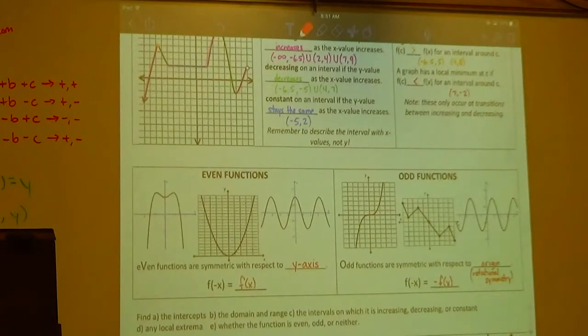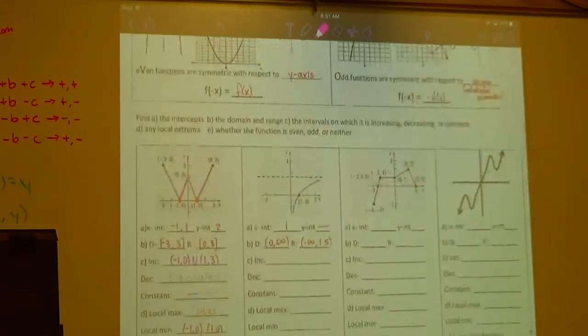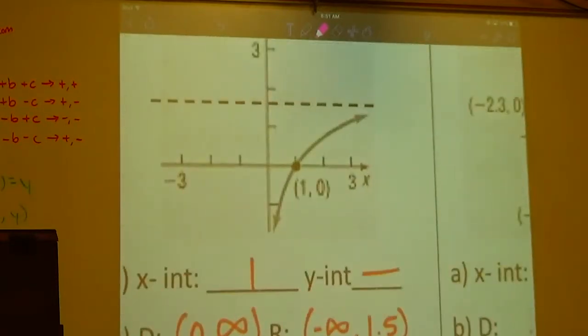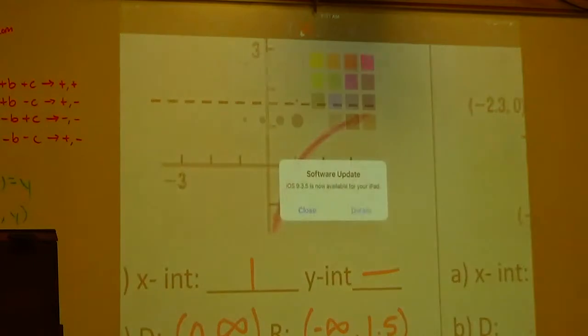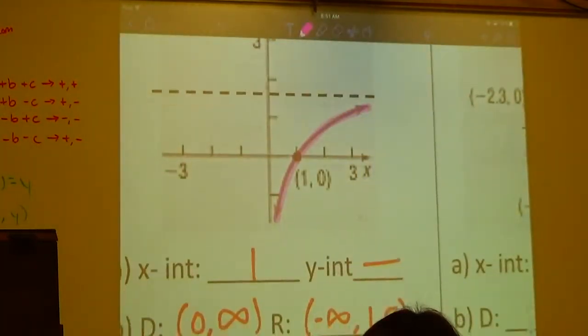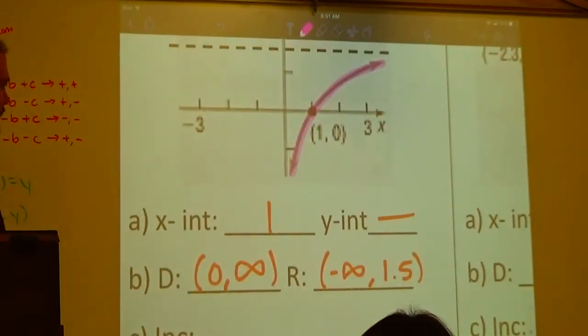All right, we're back to increasing. So where does this increase? The whole thing's increasing, right? If I start from left to right, it never changes, so it's always increasing.